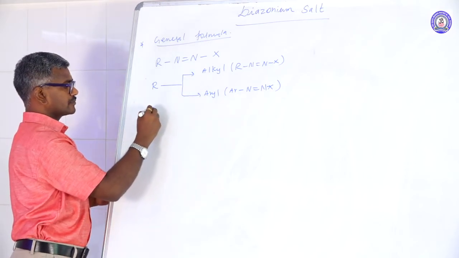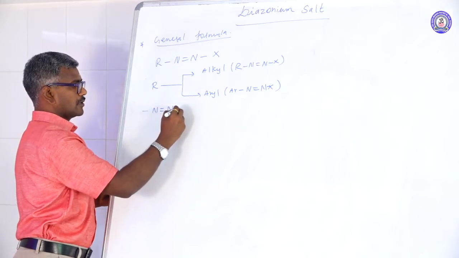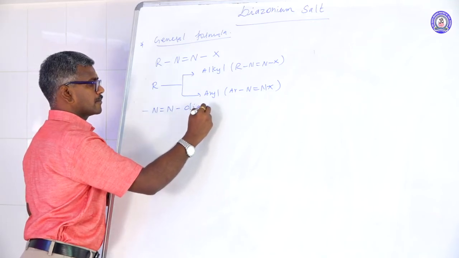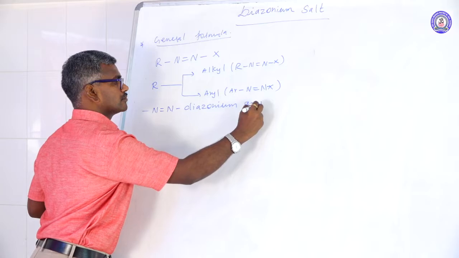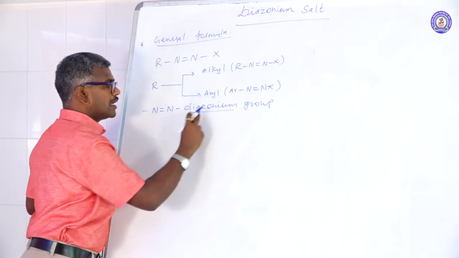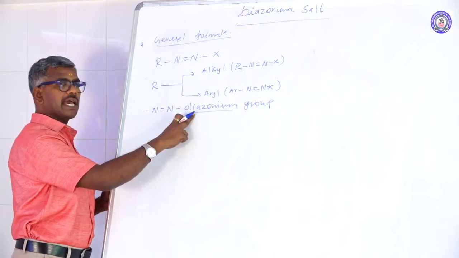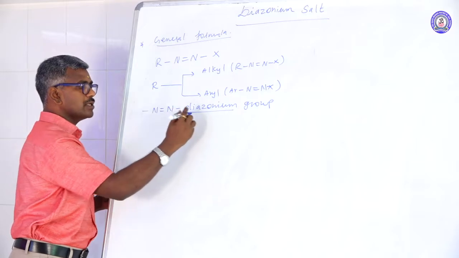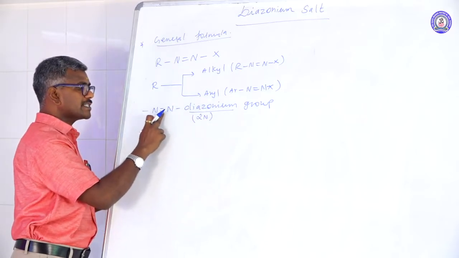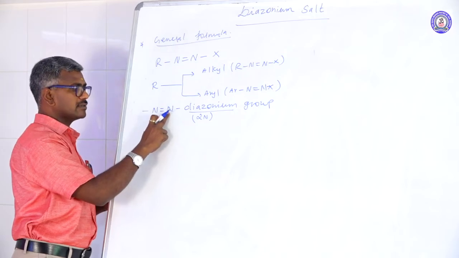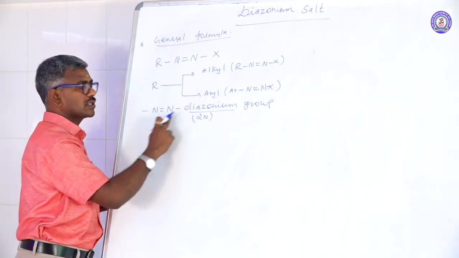Another one, diazonium. What is the meaning of diazonium? Di means 2 nitrogen. Azo means nitrogen double bond N. These are coloring compounds.